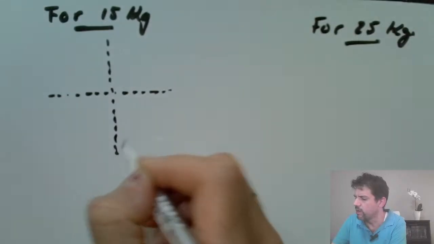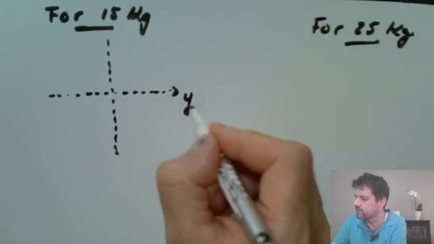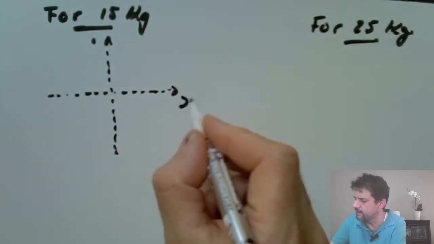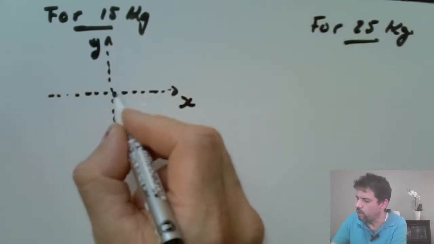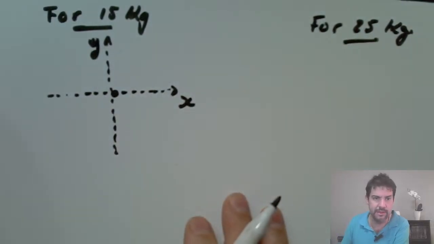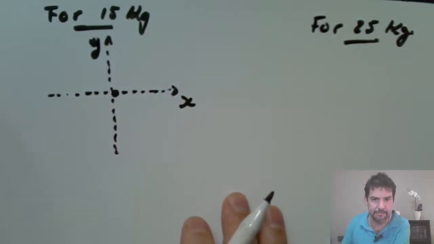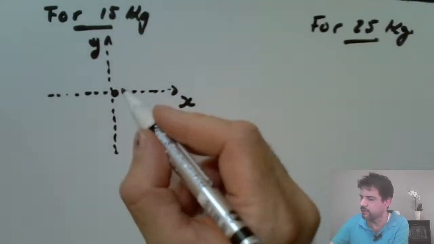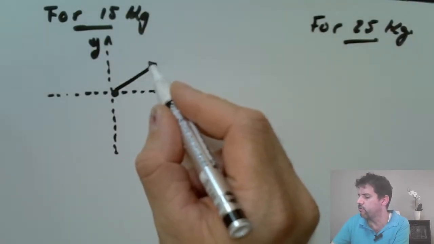Now this one will help me to find out the components, etc. Oops, my mistake here. This is x, and this is y here. Now, what forces are acting? I'm redrawing the same free body diagram, just with the axis. So this one is not for marks. All right. So we have here the applied force.